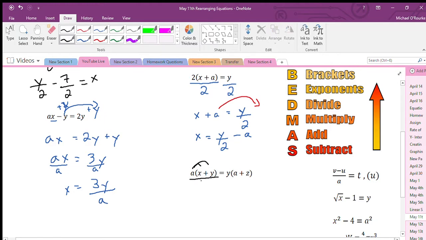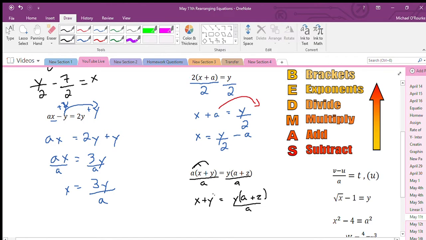We're going to divide by a on both sides, since multiplication becomes a division. So we have x plus y equals y bracket a plus z over a. Now we can't cancel these out, because they're inside the bracket.